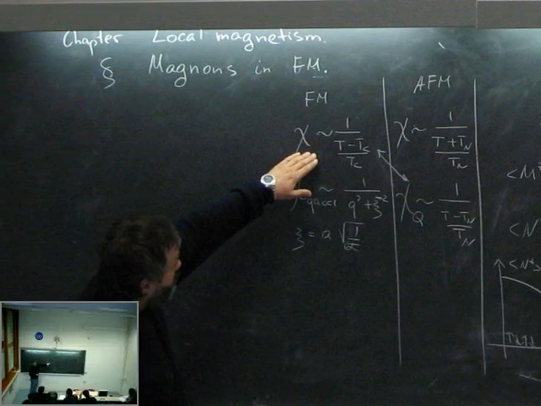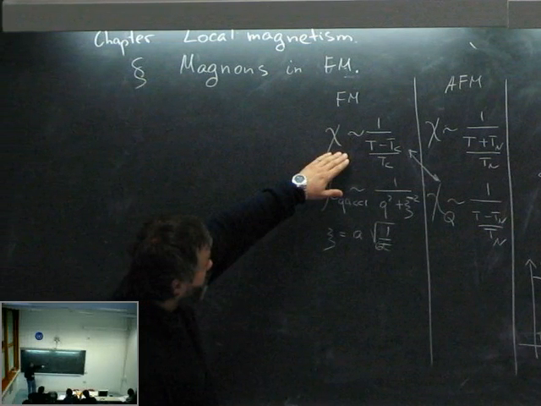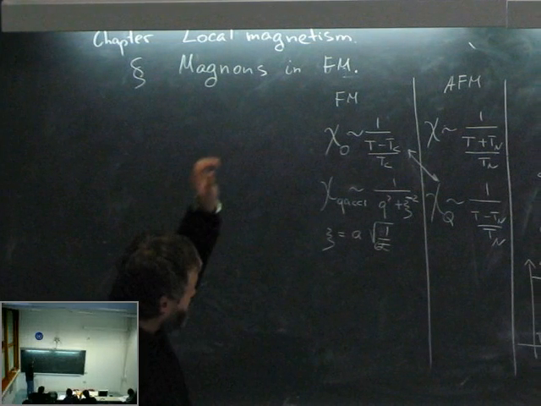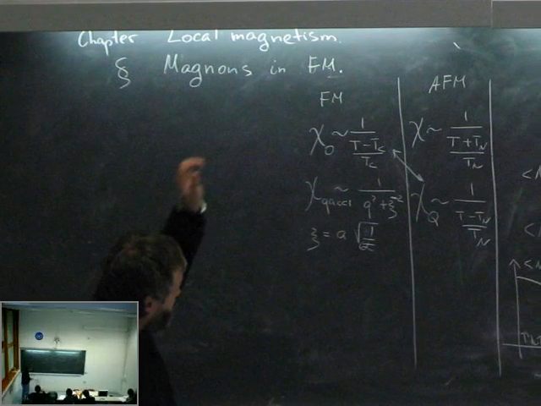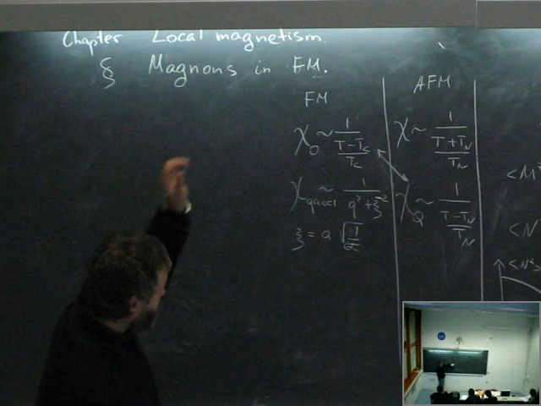Similar things happen in an antiferromagnet at the reciprocal vector to those which happen for a ferromagnet at zero vector. Therefore, we see that this susceptibility is divergent.